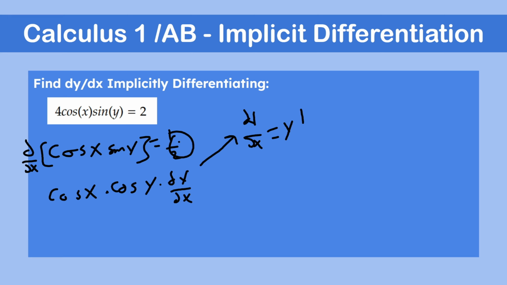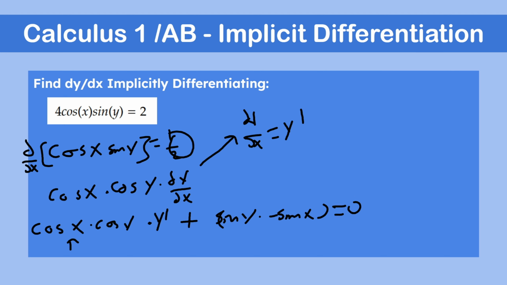To make this easier to factor later on, I'm going to put y prime, because writing dy/dx takes a while. And then for this next term, we have to add the derivative of cosine x. So we have sine y multiplied by negative sine x. Once we simplify, this will be negative sine y sine x.